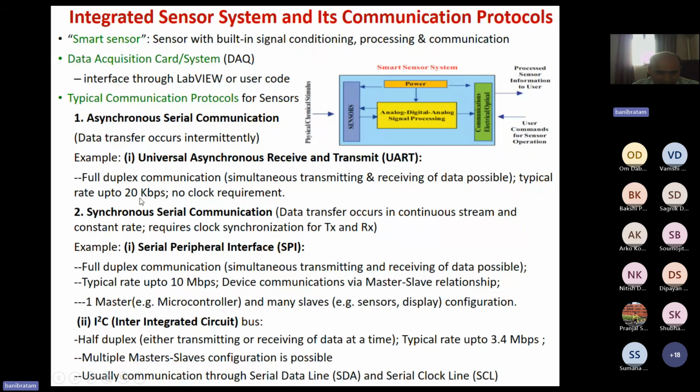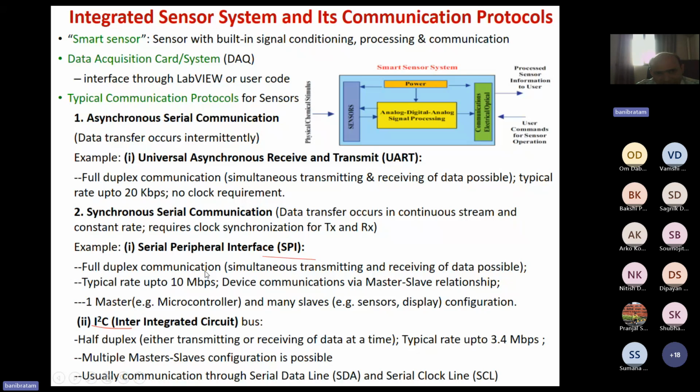Okay, slow data rate. On the other hand, if we go for synchronous serial communication, we have two important protocols: one is called SPI, another is called I2C. In SPI, the serial peripheral interface, we have full duplex communication.